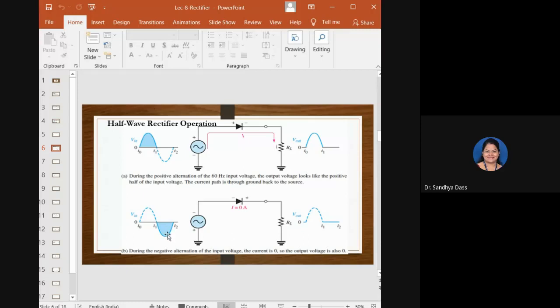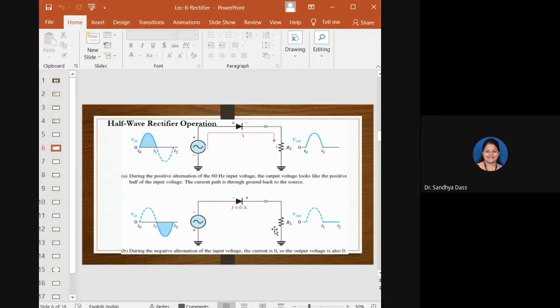Whereas in the negative cycle, when the input goes negative during the second half of its cycle, the diode will be reverse biased and there is no current flowing through the circuit. So the voltage across the load will be 0, because the circuit will be open.